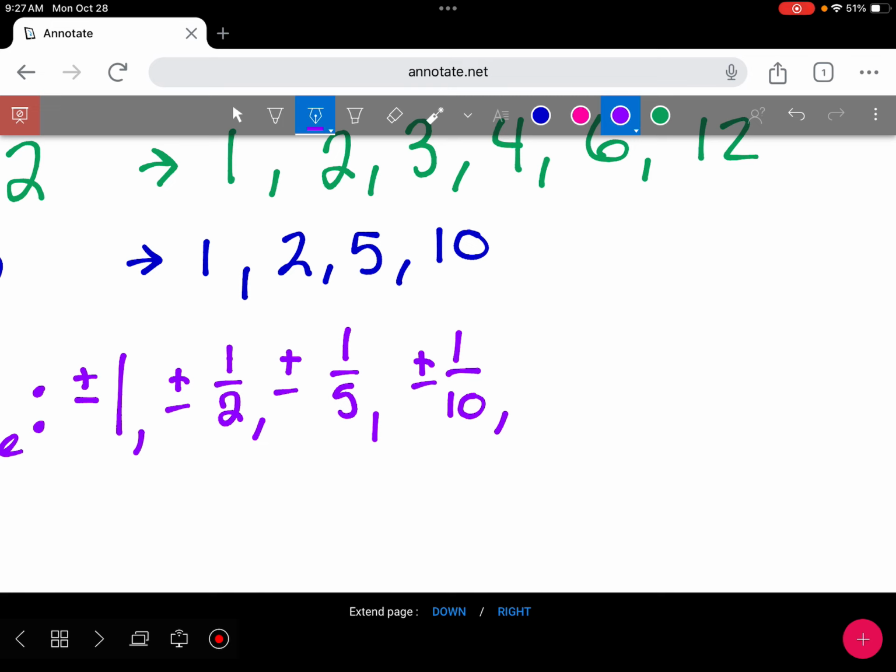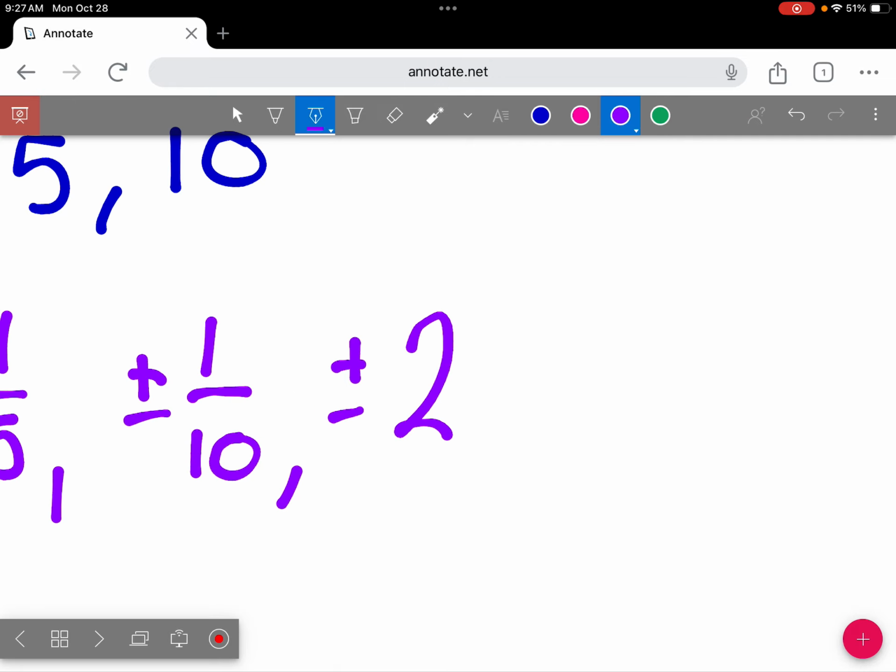Then we're going to do the whole same process again using the 2. So 2 over 1 means we're going to have our plus or minus 2. 2 over 2, well, that's 1. I already have that in the list. We don't need to do anything there. 2 over 5, I don't have that one in there, so plus or minus 2/5.